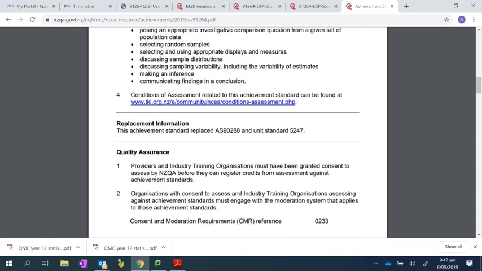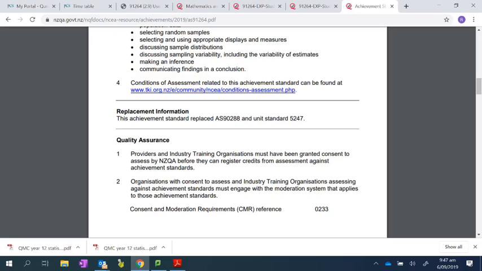Discussing sample distributions, in other words, how was the data distributed? And we'll talk about variability, including the variability of estimates. Then you're making your inference. This is a big part of it. Making your inference and communicating findings in a conclusion is the really big part of that.